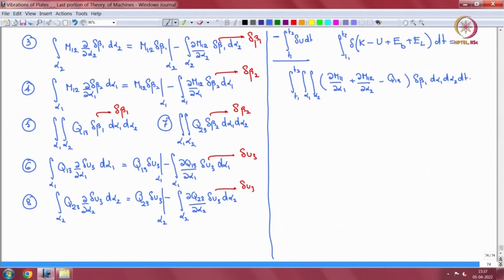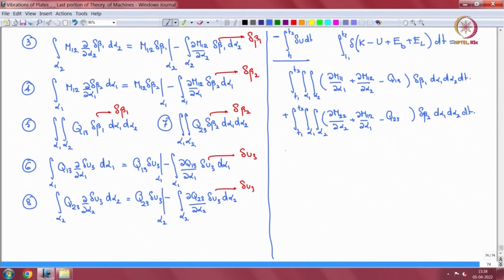Okay, so the next term is T1 to T2 integral alpha 1 integral alpha 2 delta beta 2 d alpha 1 d alpha 2 dt, then we get coefficients of delta beta 2: del m22 by del alpha 2 plus del m12 by del alpha 1 minus q23.